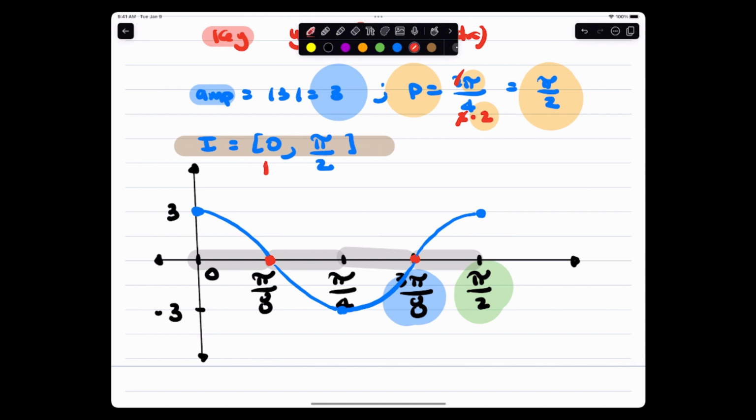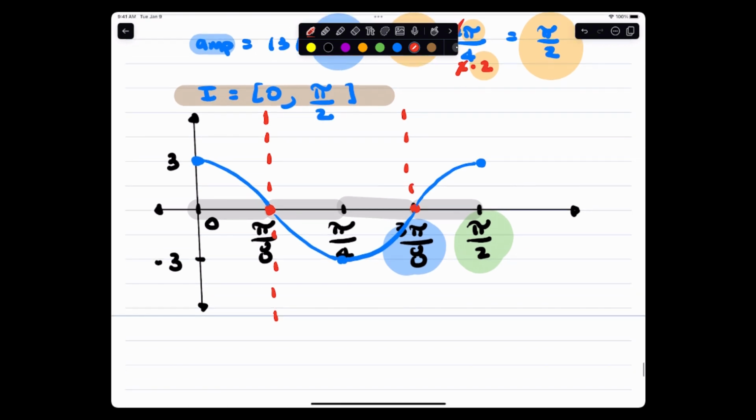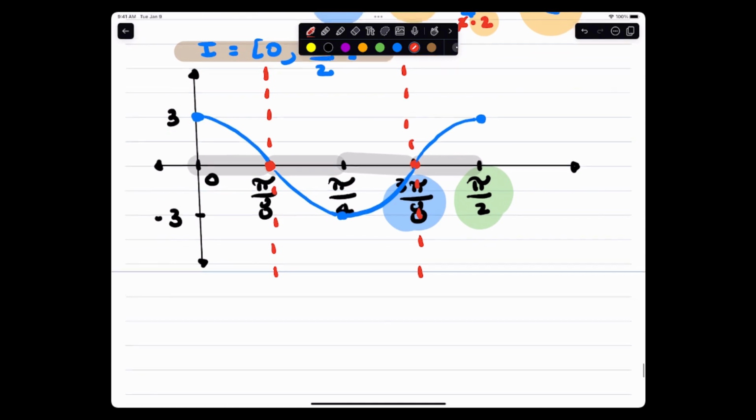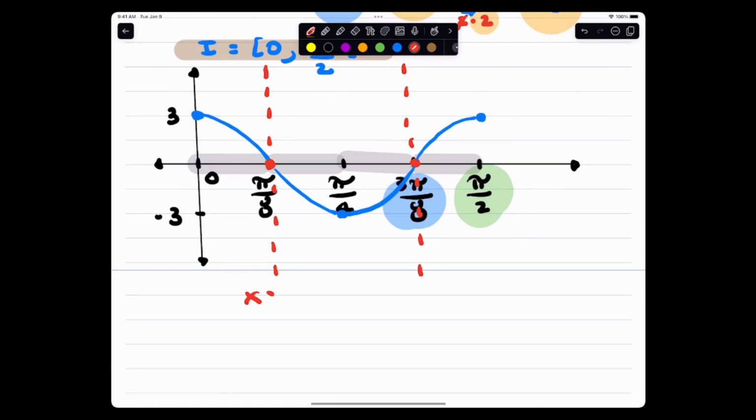So that you can know where they're at, so you can use all the information I'm sharing with you. These are the vertical what? Asymptotes. And you know what they are, because tangent and cotangent has the same.